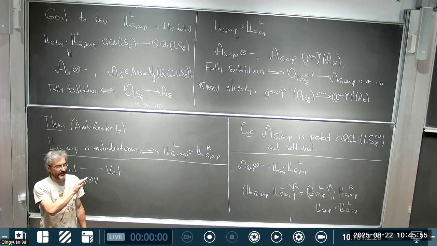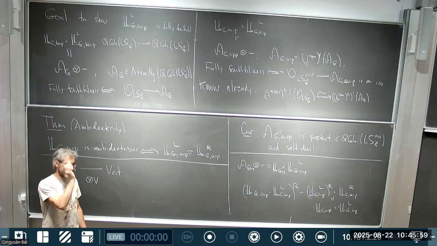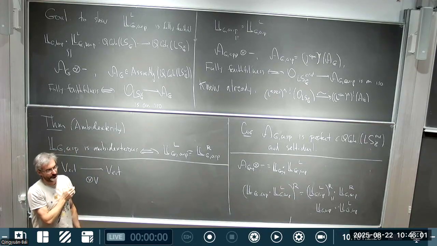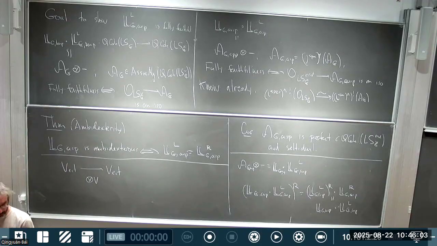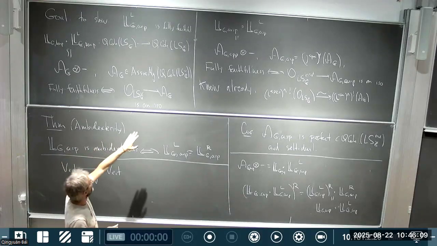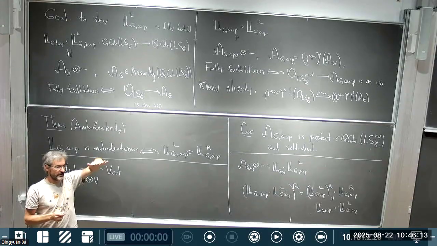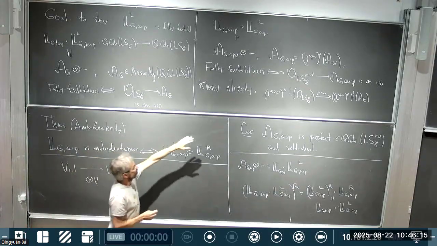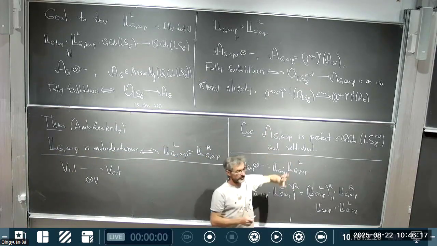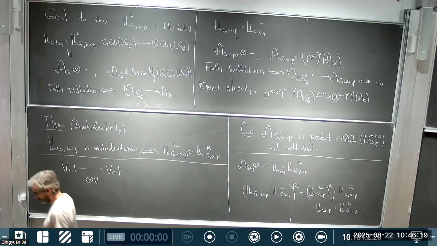We could wiggle ourselves out faster. To prove the isomorphism that we need here, if you know this and you know that it's perfect everywhere, the argument will be easier.